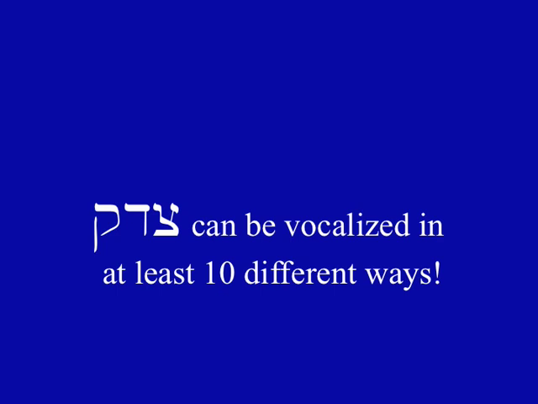In fact, tzadeh, dalet, kof can prove to be vocalized in one of any 10 different ways. But that's okay, because in Lesson 2, we will be learning how the Hebrew Bible uses a set of symbols to represent the vowel sounds, to clarify the ambiguity that's inherent in a consonantal writing system.